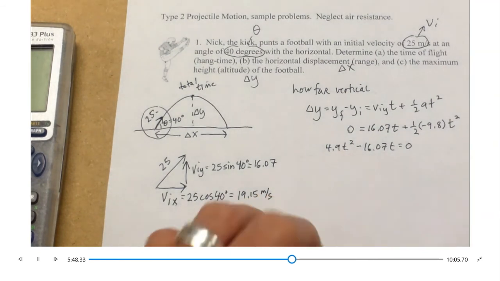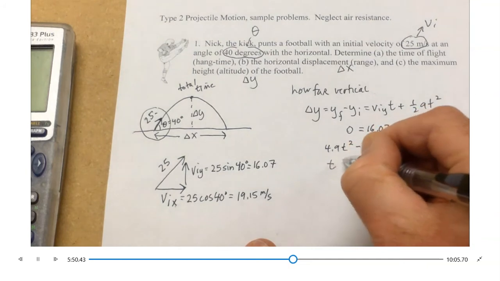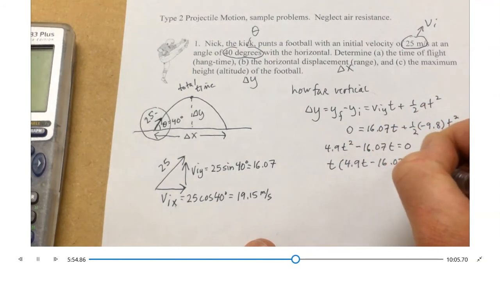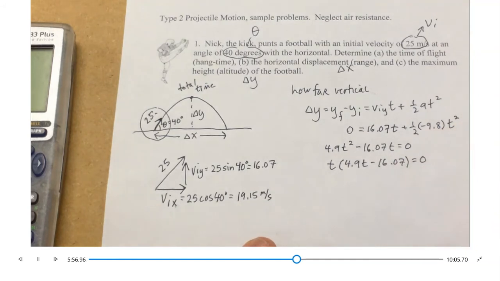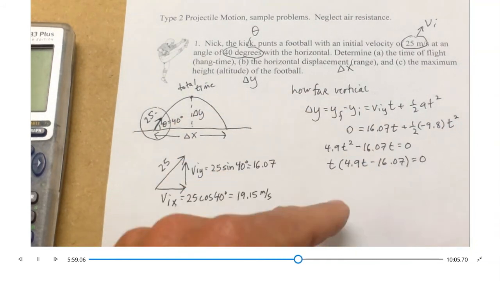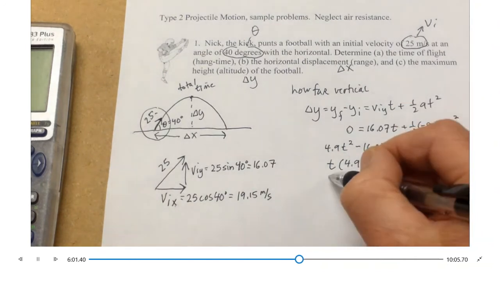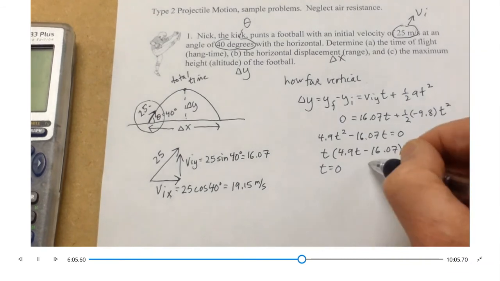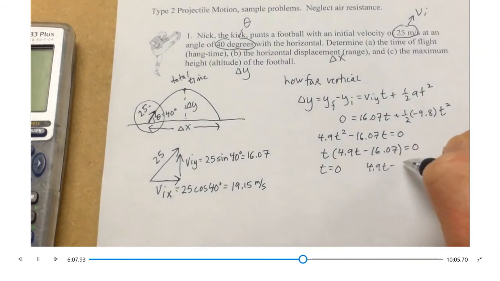Now, what we can do is factor out a t here. Okay? Just basic mathematics here. We have a quadratic, so in this case we've got two solutions. Our first solution would be time equals 0. And then we've got this other solution here.